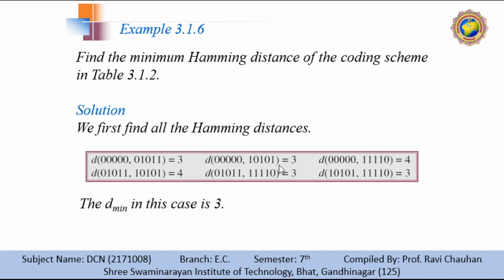Over here 3 bits change, 3. Over here 3 changes. Over here 4 changes. So after calculating all the table values, we can say that d minimum in this case is 3.